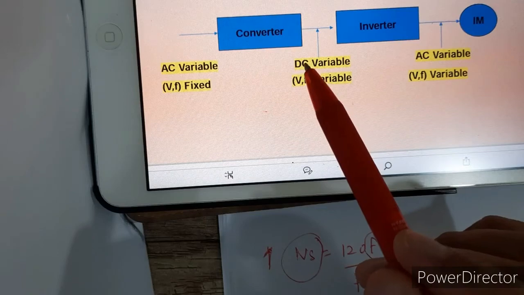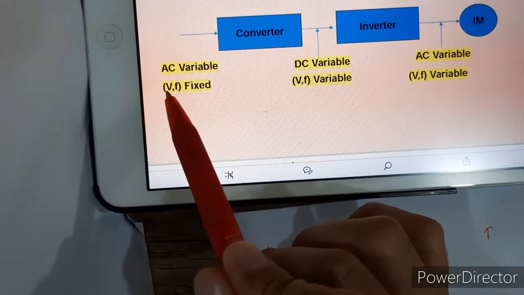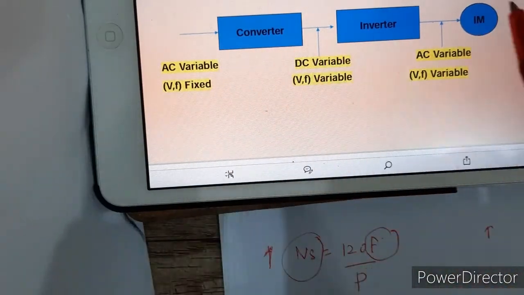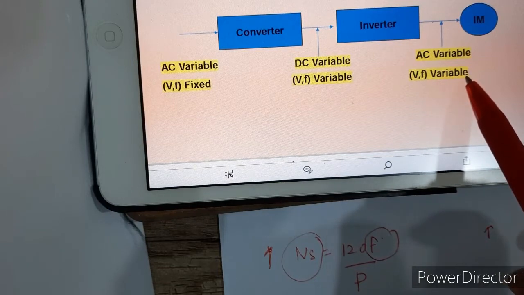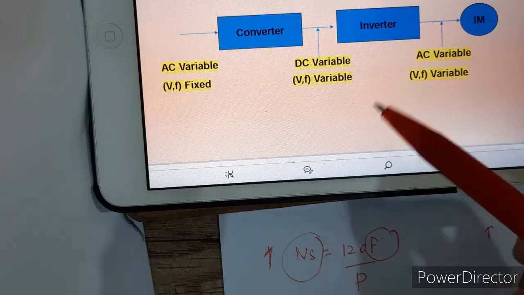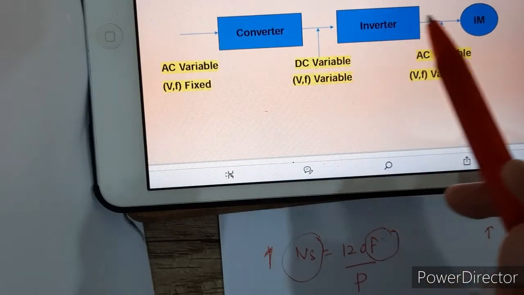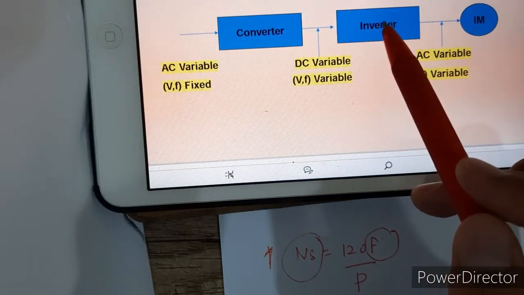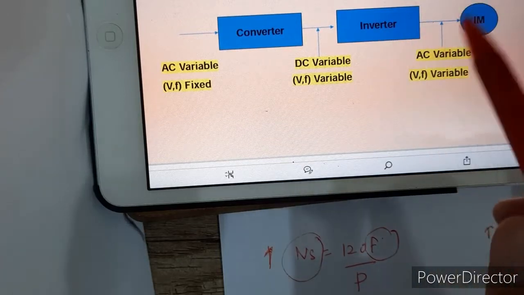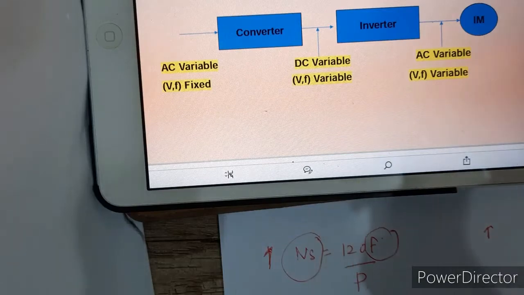So the purpose of this circuit is to change from fixed voltage and frequency to variable voltage and frequency, so we can vary the frequency. From DC to AC we use an inverter.